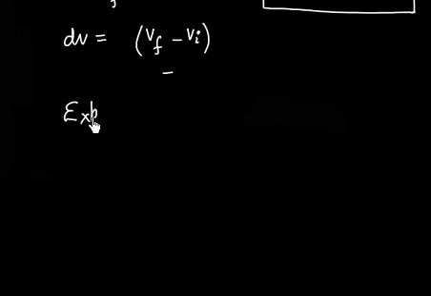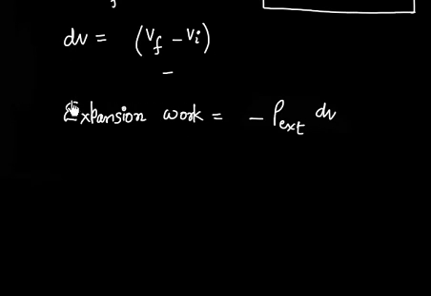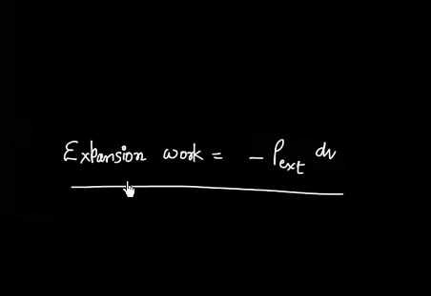Whenever we have expansion work, we can calculate it using this formula, minus P external into dV. Generally chemical systems evolve gases, and that is why we have expansion work.